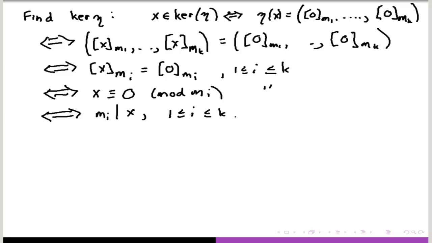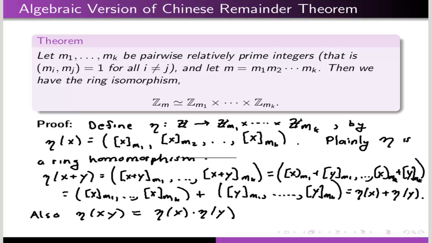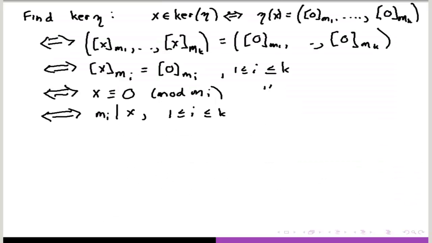As i goes from 1 to k. Okay, now, we haven't used a key hypothesis yet. What was the other hypothesis we had? That the m sub i are pairwise relatively prime integers. And so you have a homework problem that says if two integers are relatively prime and each is a divisor of x, then their product is a divisor of x.